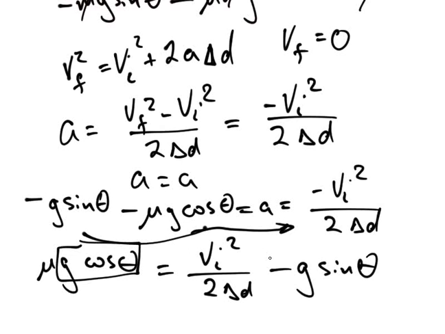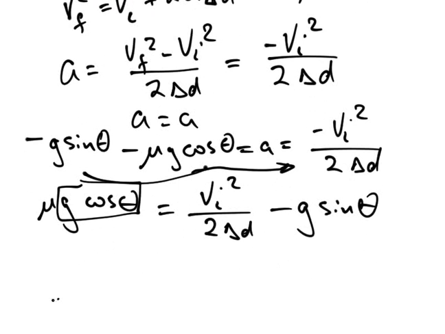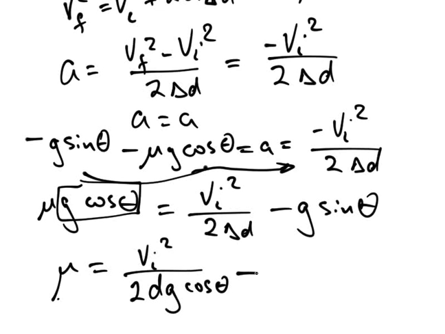So we have mu g cosine theta is equal to vi squared all over 2 delta d minus g sine theta. Now you notice I did 2 steps in one. I multiplied everything by -1, and then I took this term to the other side, and it became negative.